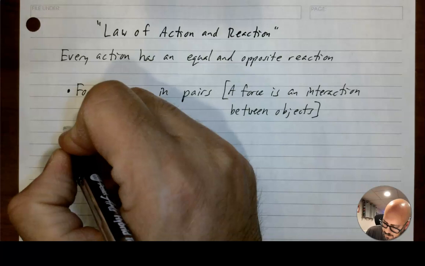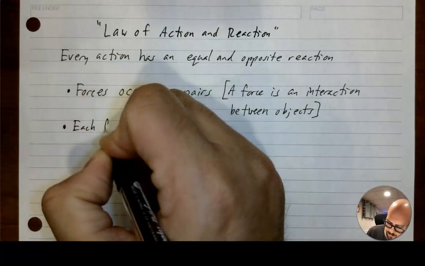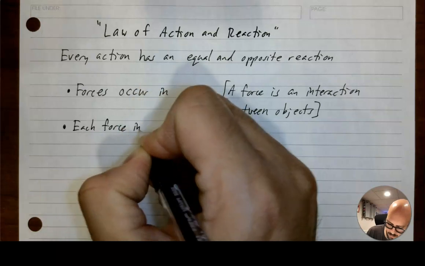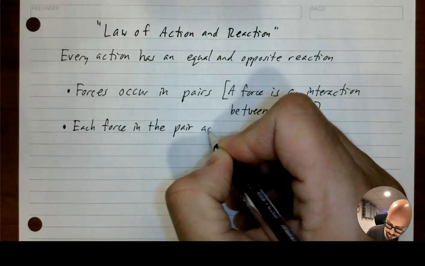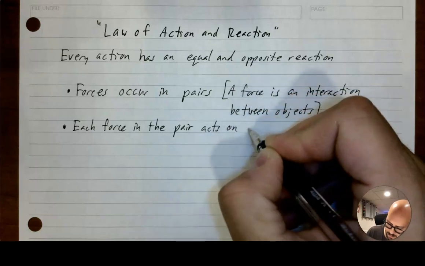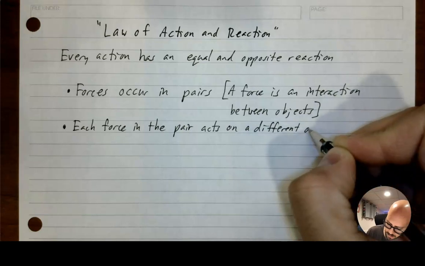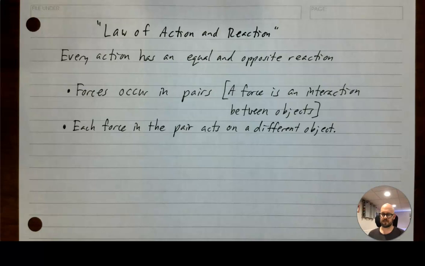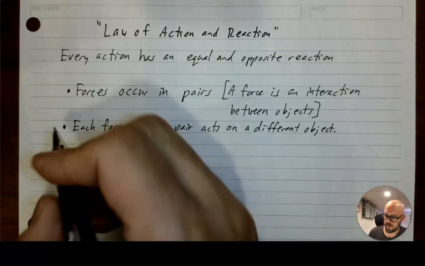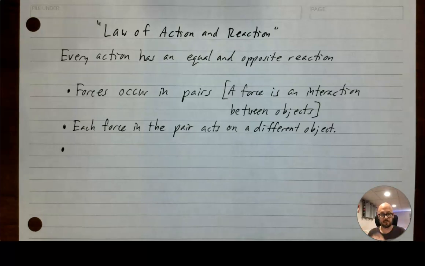And I just kind of said the second idea. So each force in the pair acts on a different object. So that's really important, and that's really helpful because it allows us to analyze collections of objects and find the commonalities between them.